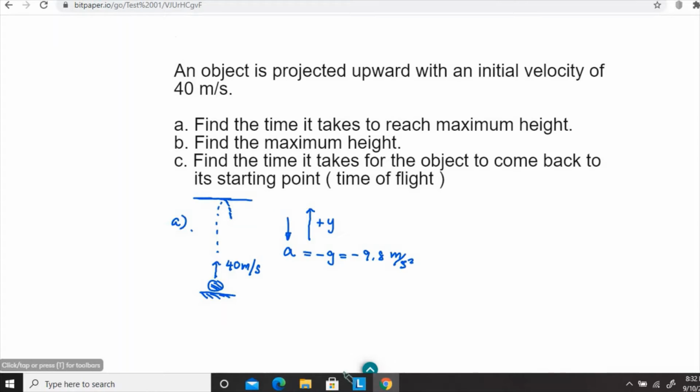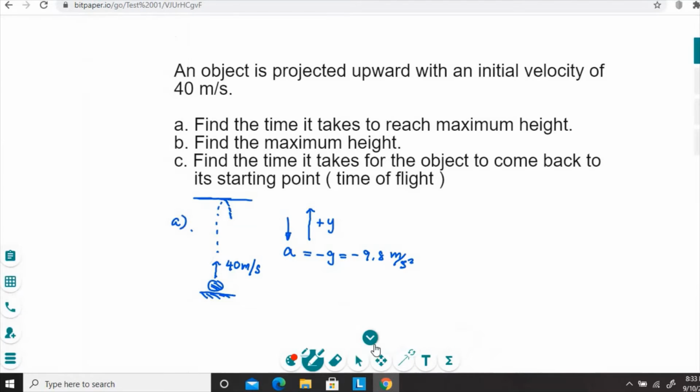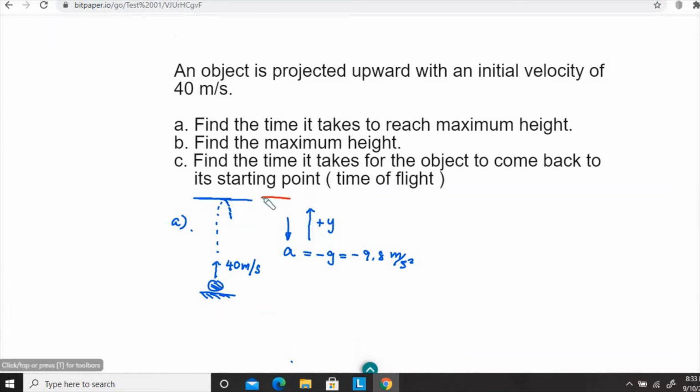Okay, so I'll use a different color to represent that special point. So this is called the maximum height, which happens when v is equal to 0. Okay, so I'm going to break up this motion as A and B, so that's the starting point.